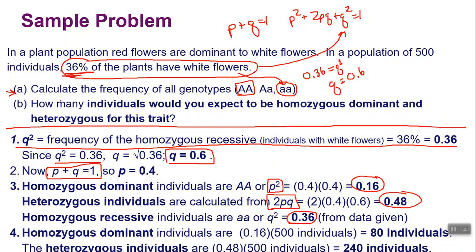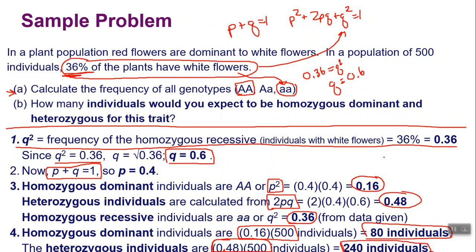So that's A. How many individuals would you expect to be homozygous dominant? Well, there's 500 of them, so 16% of 500, 0.16 times 500, is 80 individuals. And same thing for heterozygous, 0.48, 48% of 500 individuals is 240.